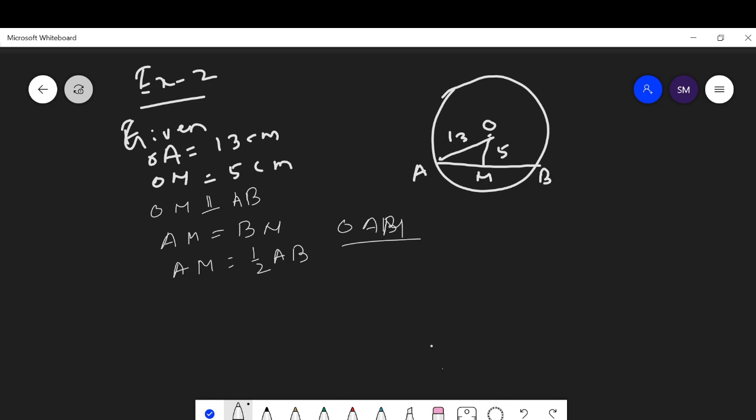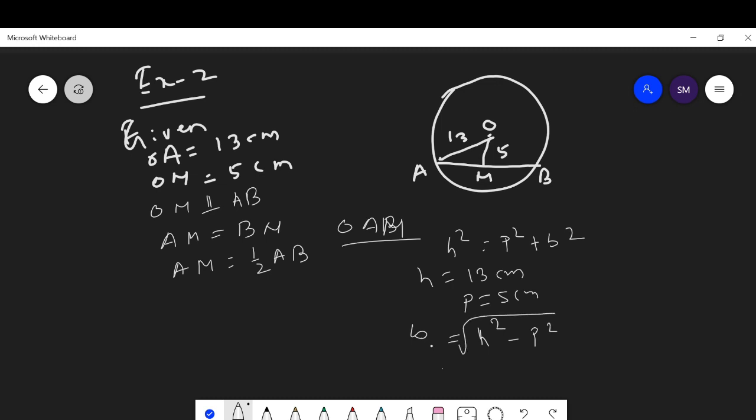Consider the triangle OAM and recall the Pythagoras theorem. The Pythagoras theorem says h square is equal to p square plus b square. Here h is equal to 13 cm and p is equal to 5 cm, and we have to find b. b is equal to square root of h square minus p square.